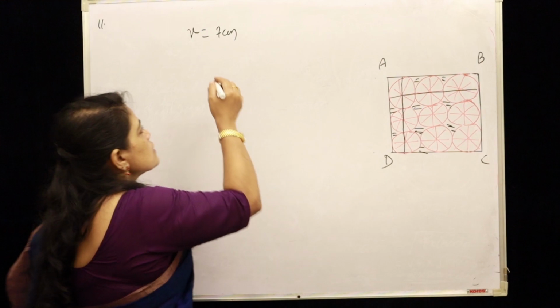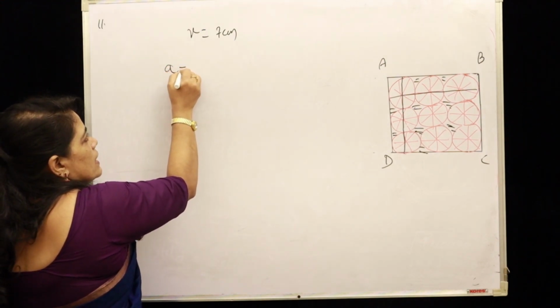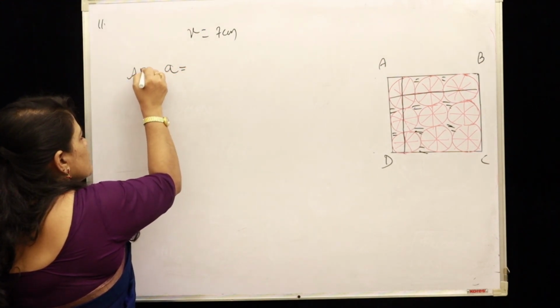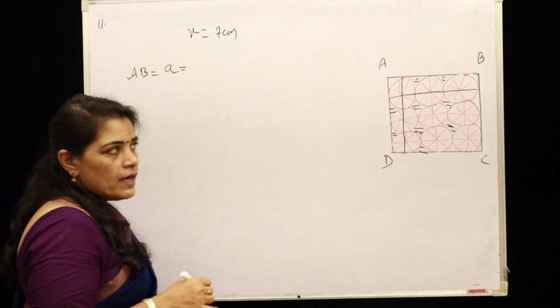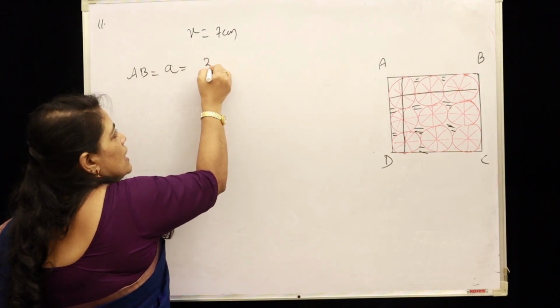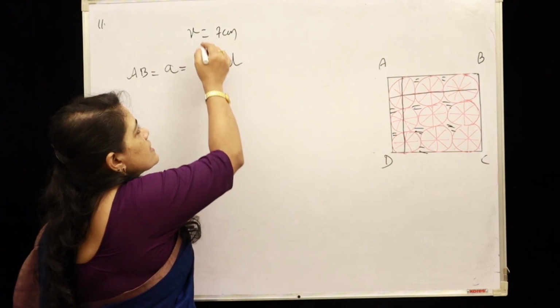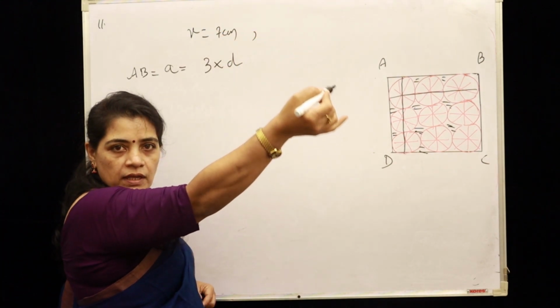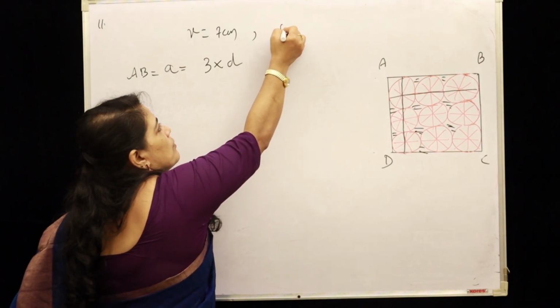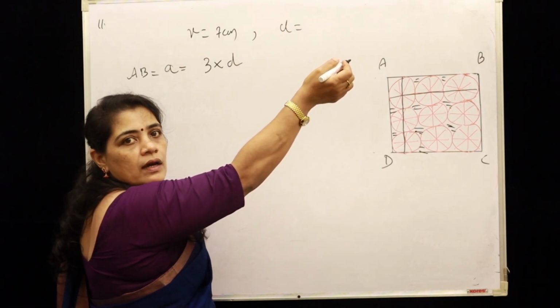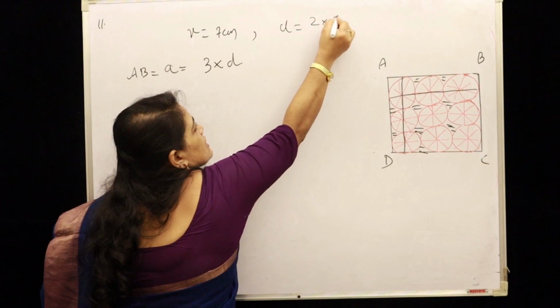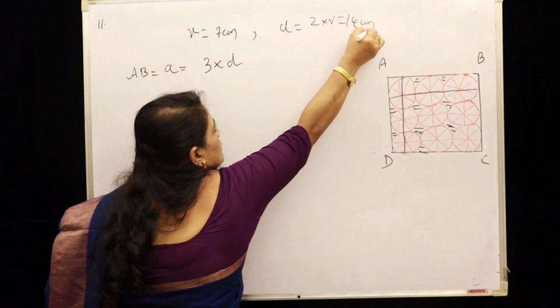So the side of the square AB, represented by small letter a, will be equal to 3 into diameter. Since radius is given as 7 centimeter, the diameter will be 2 into r, that is 14 centimeter.